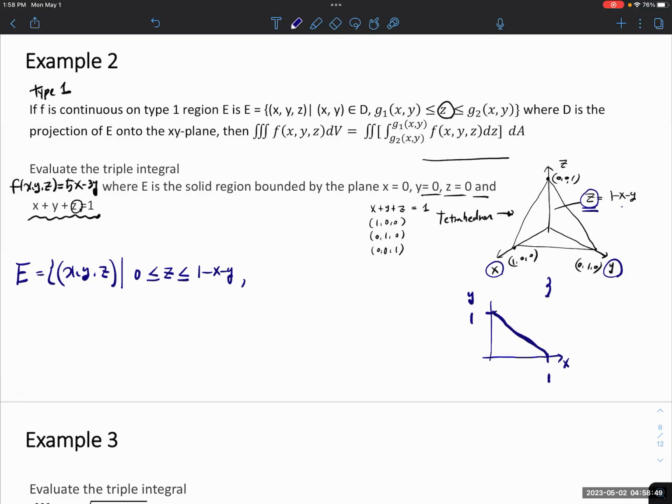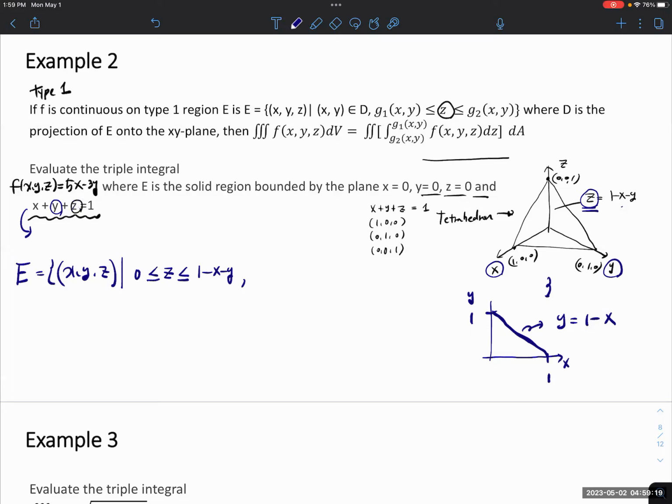And then you can find the equation for y. y is going to be 1 minus x, because you can find it here or here, it doesn't matter. You are trying to find the interval for y, and we already know z, so you don't need to consider z. Just solve for y by ignoring z, so y will be 1 minus x.